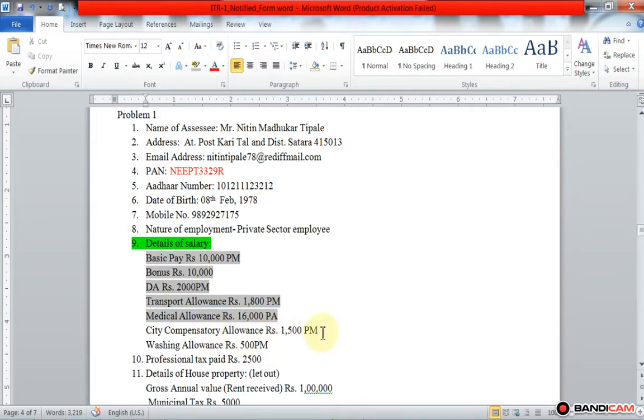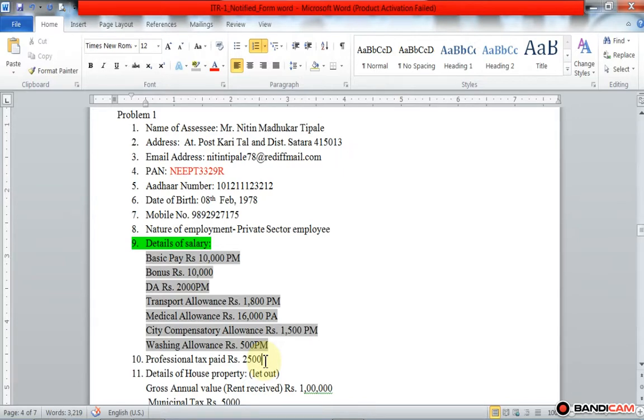Then city compensatory allowance, that is called CCA, rupees 1500 per month. Then washing allowance 500 per month. Then professional tax, which is a deduction; the professional tax is deducted from the gross salary of the assessee under section 16 subsection 3.